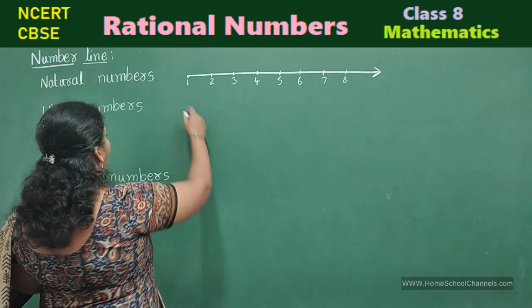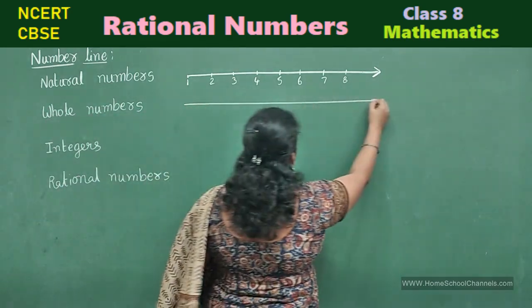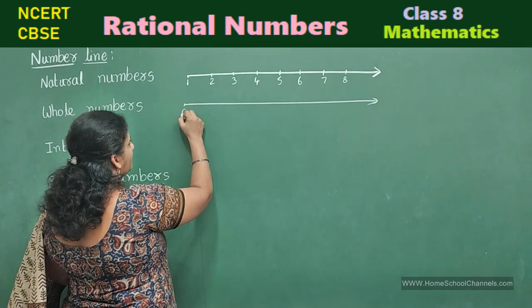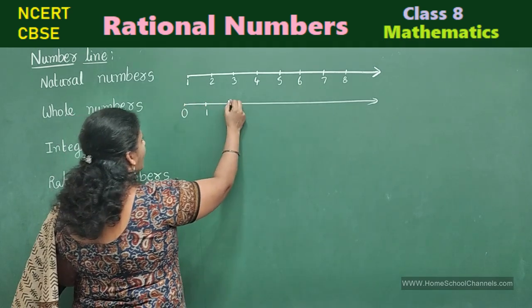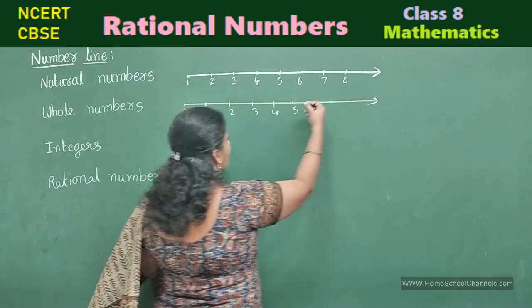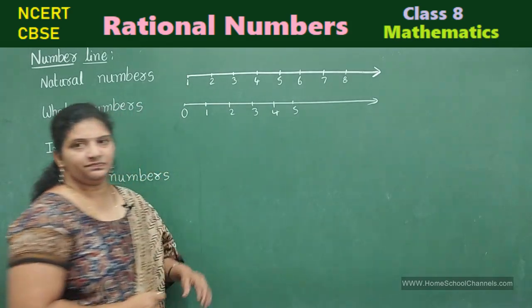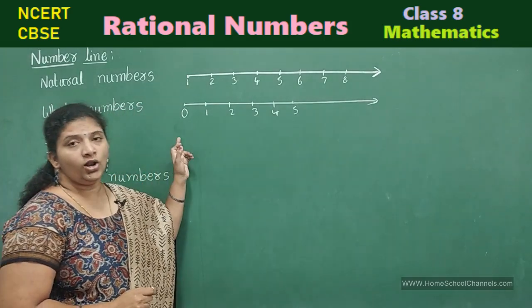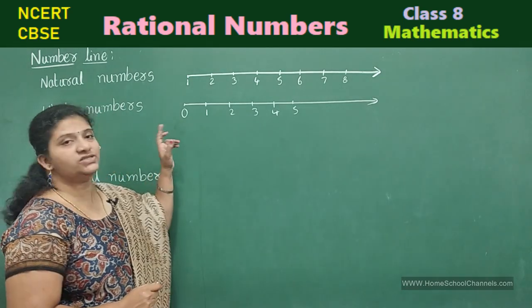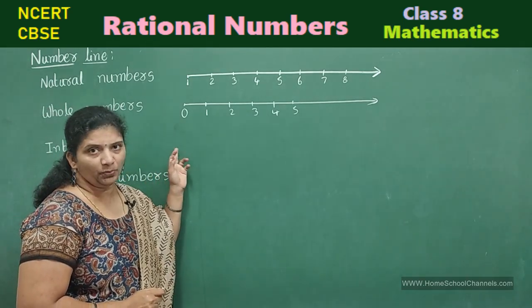Okay. Then coming to whole numbers. Whole numbers, number line starts from 0, 1, 2, 3, 4, 5, and so on it continues. See here, whole numbers representation on a number line, it starts only from 0.